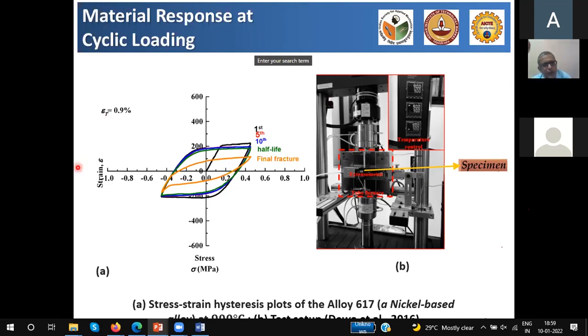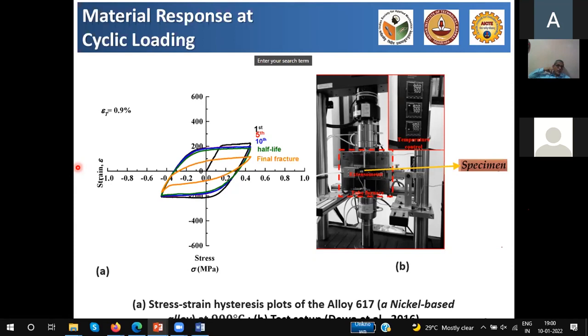And this is an important thing to capture, the full hysteresis curve, as you keep increasing the number of loads. It is mainly to capture this change in these graphs as you change the number of cycles that people have developed various models, mainly in plasticity.